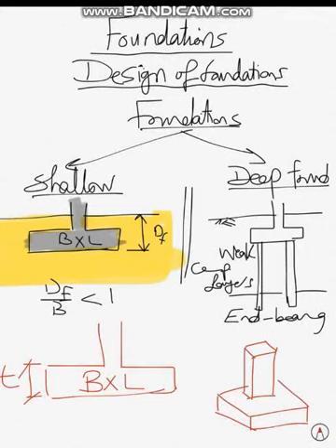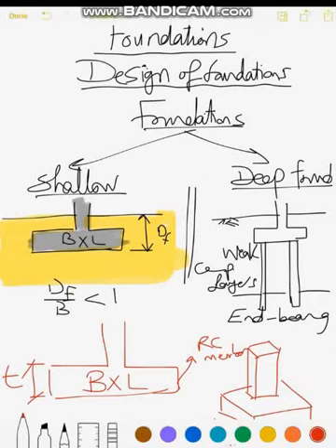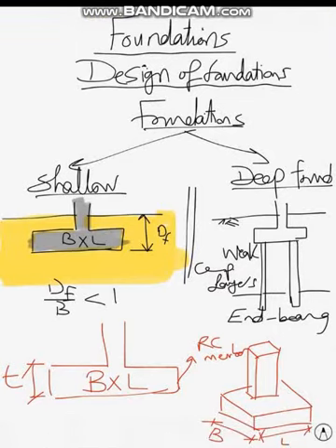The design of foundation means determining the width and the length of the footing and the thickness and reinforcement, because it's a reinforced concrete member, so I need to determine the reinforcement details in that cross section as any other reinforced concrete member talked about in the RC course, like columns, like beams, slabs, whatever type of members.